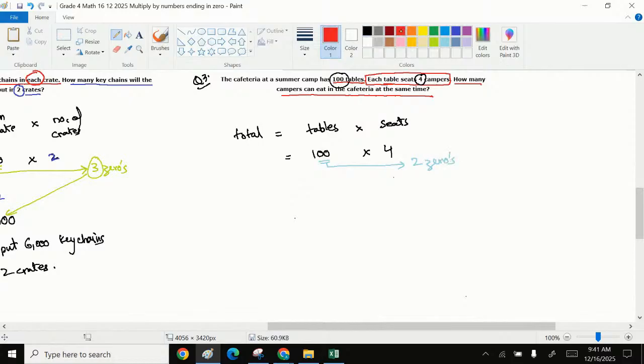And we know that 1 times 4 is 4. And we put down the 2 zeros as it is.